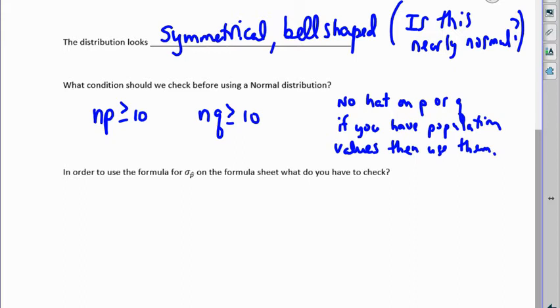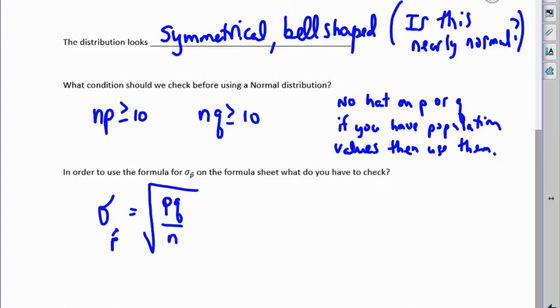And then if we want to use the standard deviation formula for the standard deviation of the sampling distribution, then we have our formula off the formula sheet. They use 1 minus p, but I like q.